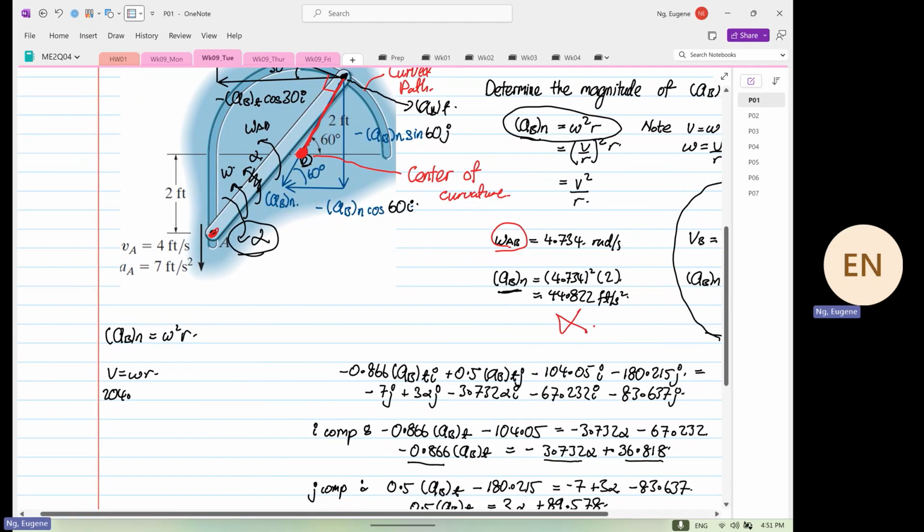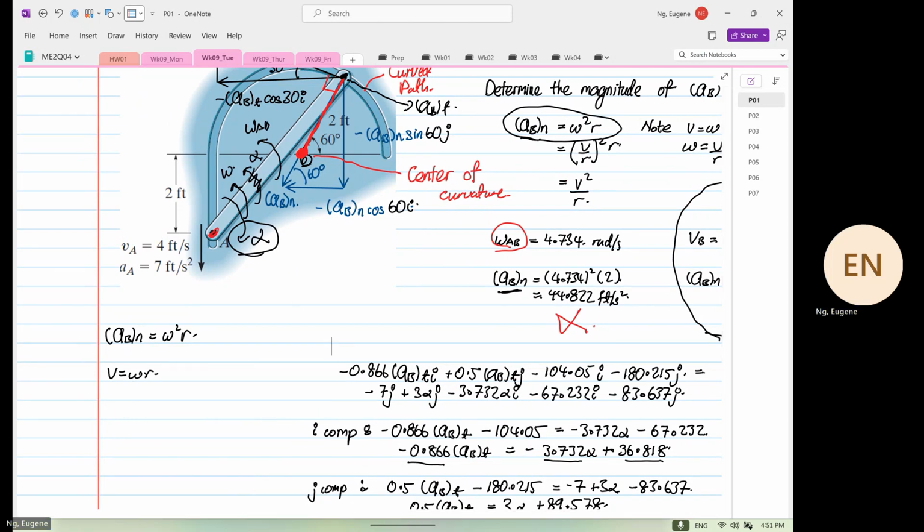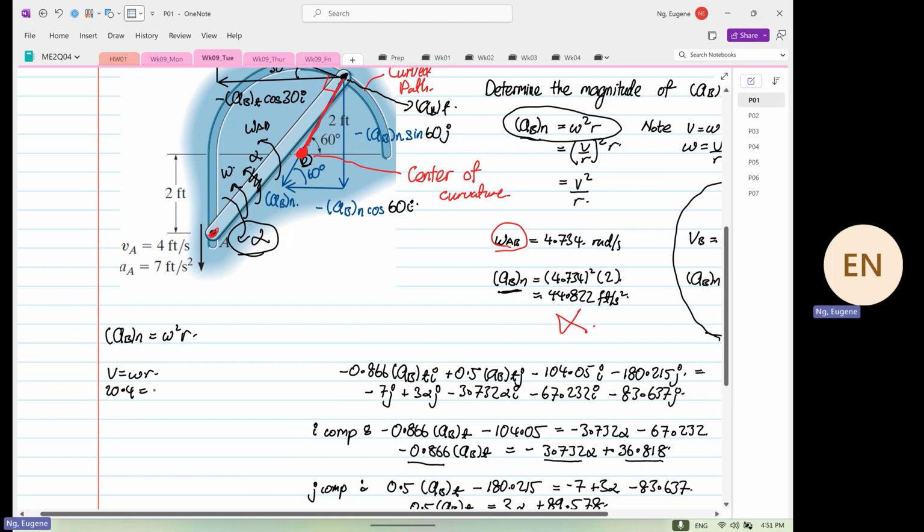If you use 20.4, and this is between omega B to O, and then multiplied by a radius of 2. So omega BO will be equal to 20.4 divided by 2. So it will be 10.2. Right?